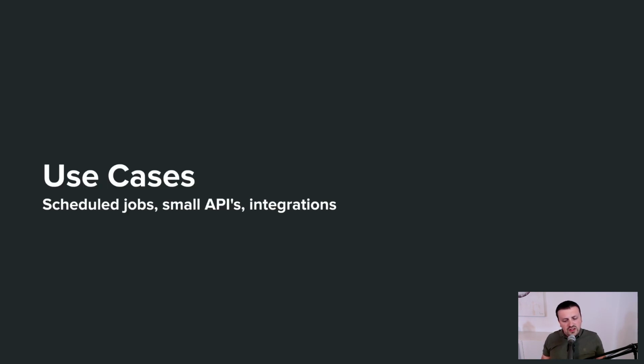So what are the use cases for these kinds of things? One use case I've used it for is, for instance, a scheduled job. Everybody knows that when you run on AWS, you get charged by the hour. Usually the resources that you use are charged to your account, and that's it.